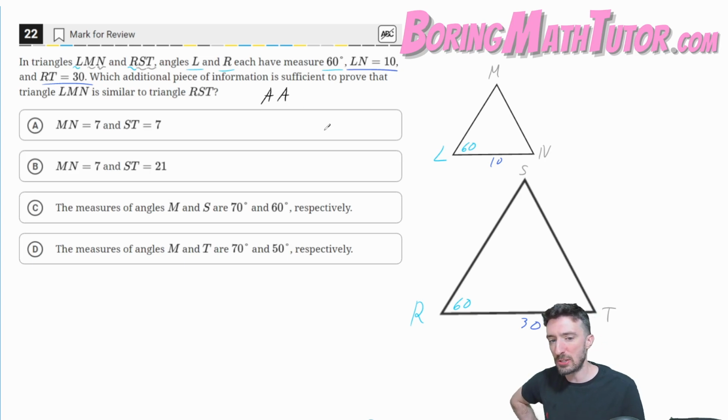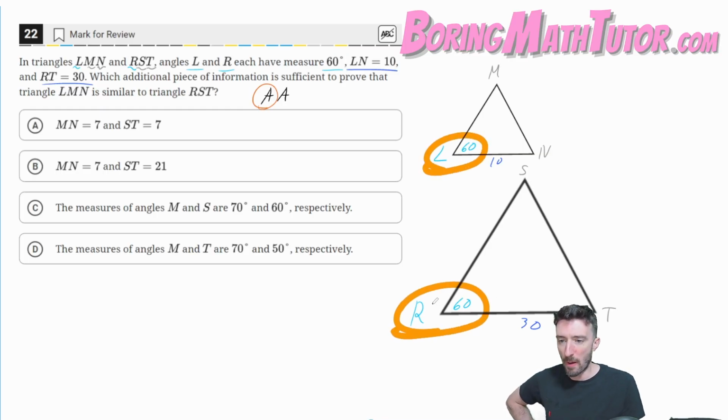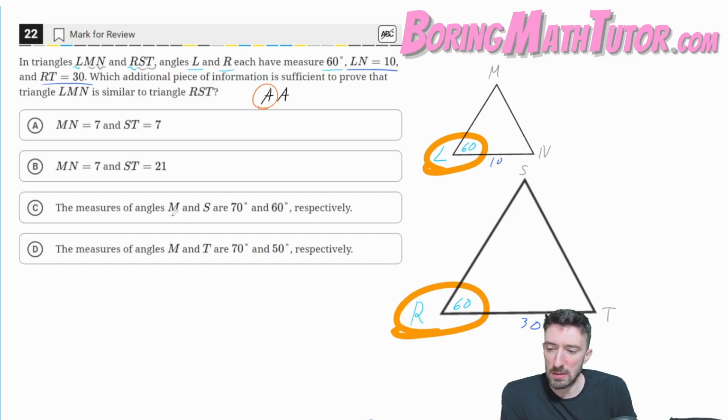And we already do have one pair of angles. That would be L and R. So at that point, I could try to pick up another pair of angles. So it looks like they are telling me I could have M is 70 and S is 60.